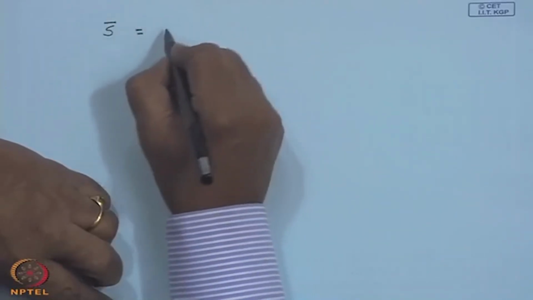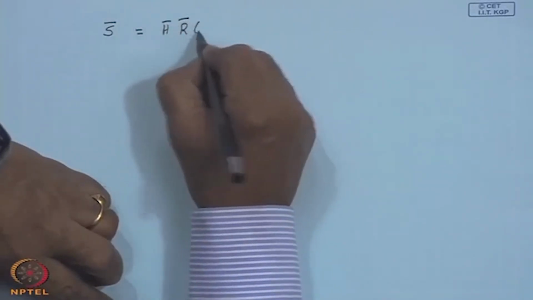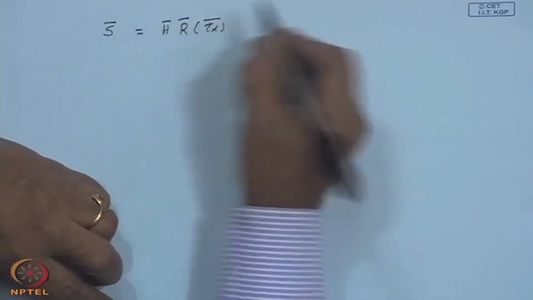So the absorbed radiation S bar is given by H bar R bar times tau alpha bar.